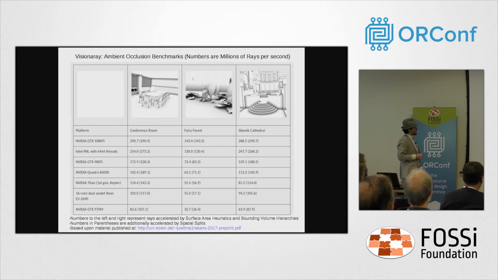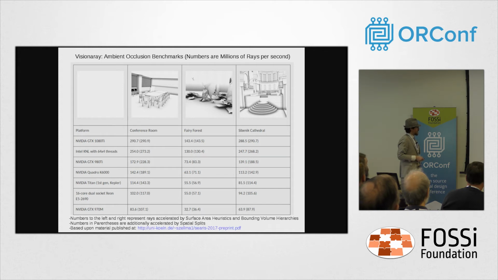But then when you get to the ManyCore chip, this Intel Knights Landing chip, with multiple acceleration algorithms, and what acceleration algorithms do is they make the software rendering much more performant than just using the raw ray tracing algorithm. With these algorithms applied, you get 273 million rays per second, which, if you look at these two, they're pretty close.